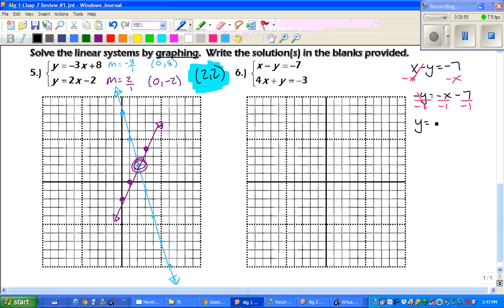And we get y equals x plus 7. Now that means that my slope is 1 over 1, and we start at 0, 7. So at 0, 7, I'm up here, and then you go up 1 over 1, up 1 over 1, and do a couple in each direction, and then use your straight edge to draw the line.